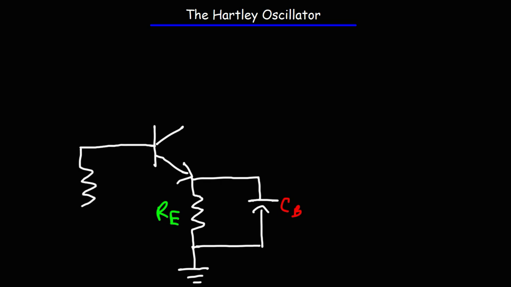Now we're going to have two other resistors, R2 and R1. These two resistors form a voltage divider network at the base of the NPN transistor.